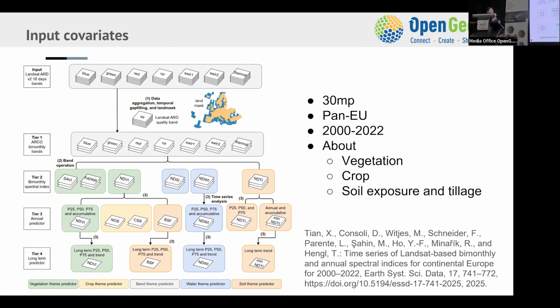They're all available at 30 meters resolution across the whole Europe. From 2000 to 2022, they're available at bi-monthly level, annual level, and long-term aggregation. We use them as a cornerstone for the prediction of the soil organic carbon density.